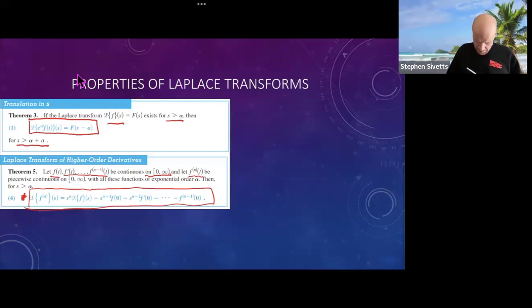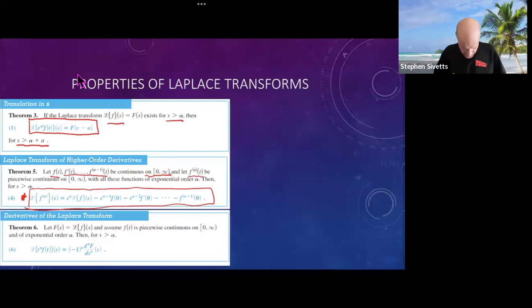The last property has to do with if capital F of s is defined to be the Laplace transform of little f of t, and we're assuming that little f of t is piecewise continuous.